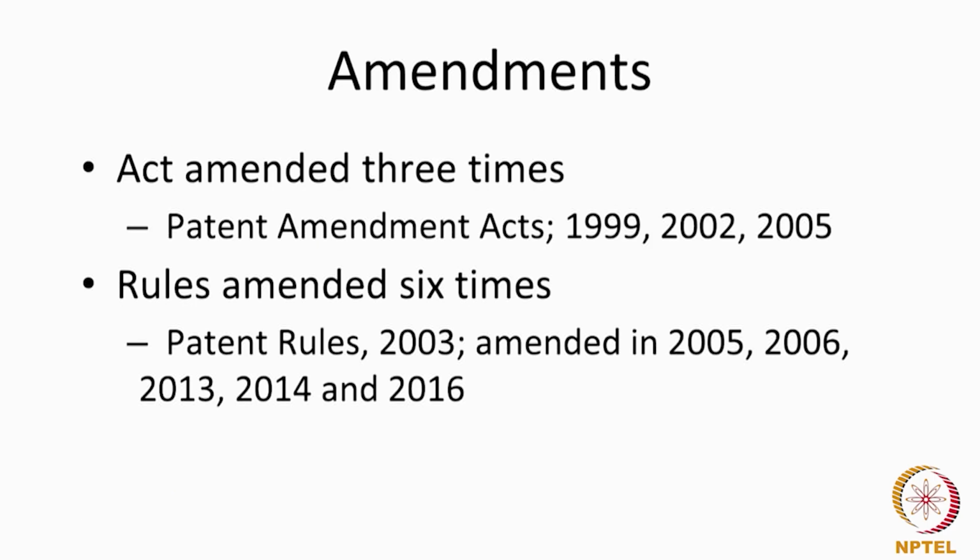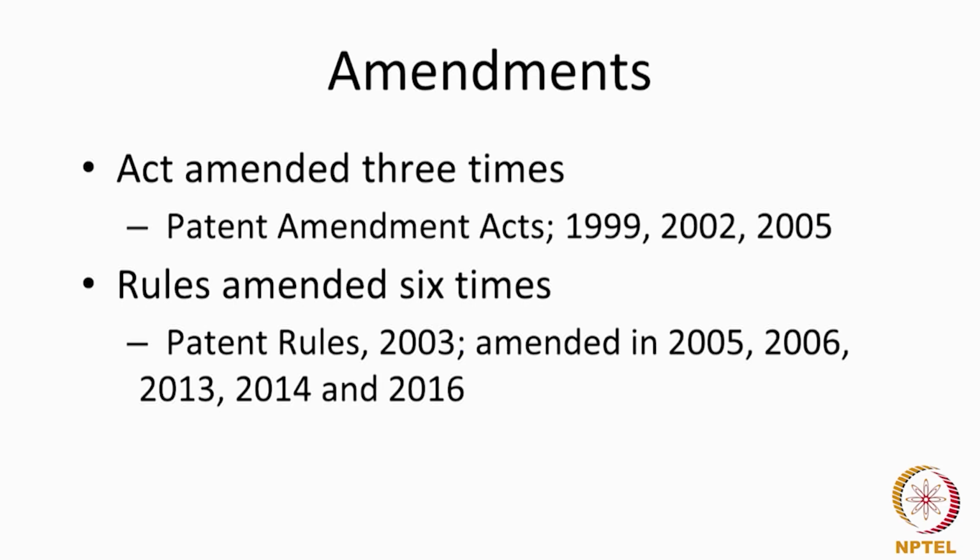Around the same time, the rules were also amended. The patent rules were amended in 2003, and they were again amended in 2005. Now, the 2003 was an overhaul of the earlier rules. The earlier rules were the Patent Rules 1972, and this was completely overhauled, and in 2005 there were some amendments to it.